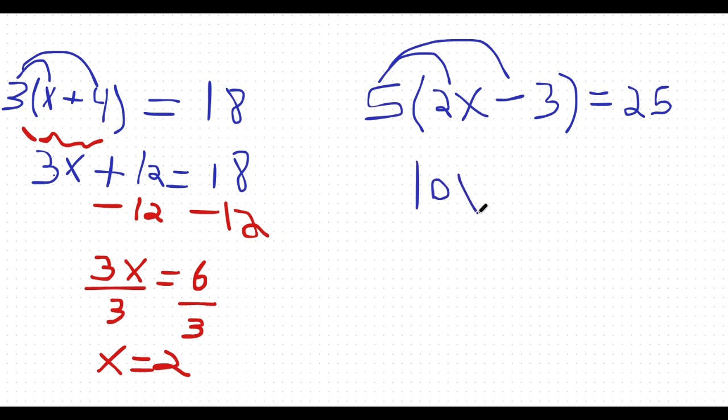So we have 10x. 5 times negative 3. Okay, so that is a negative number. 5 times 3 is 15, and it's minus 15. So we have 10x minus 15 equals 25.